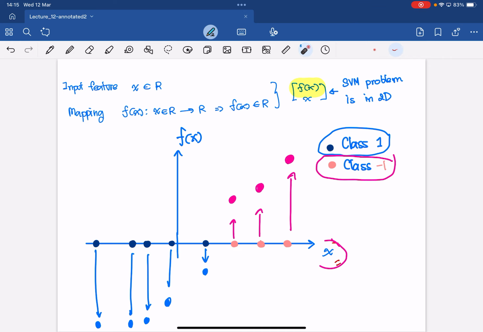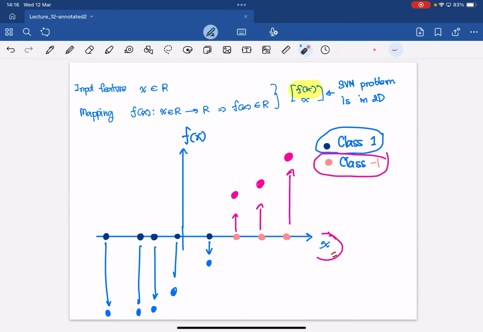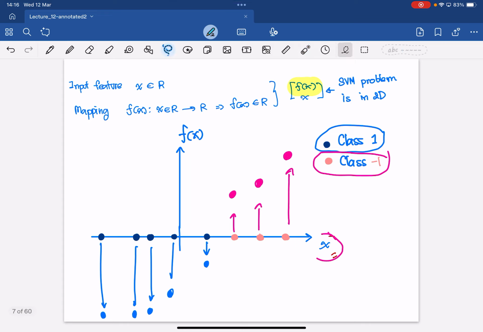And the second step, we will have a hyperplane to cut. The normal hyperplane to cut could just be a normal thresholding like this. So if you cut like this, you get those points above as class -1, those points below as class 1. However, the problem is that even though you have one-dimensional data, you may not get a very good mapping.